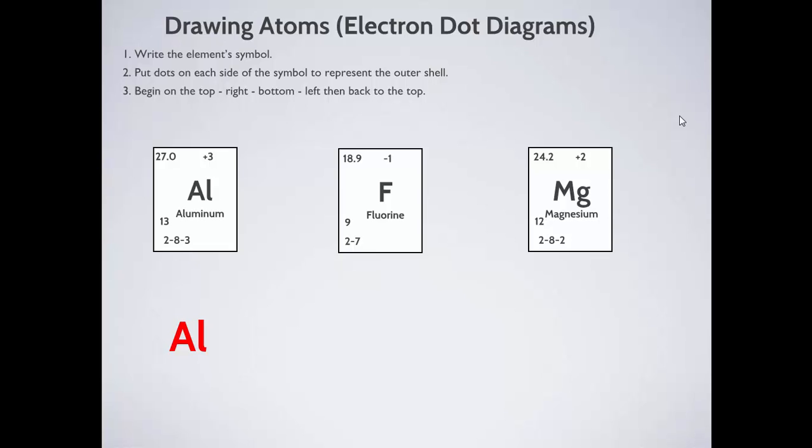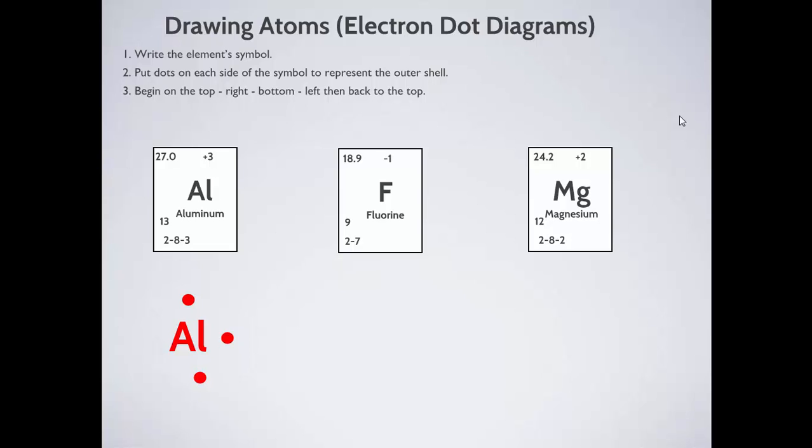Look at the periodic table. Outermost electrons, how many? 3. So we draw a dot on the top, and another one on the side, another one on the bottom. We start on top and work our way clockwise.